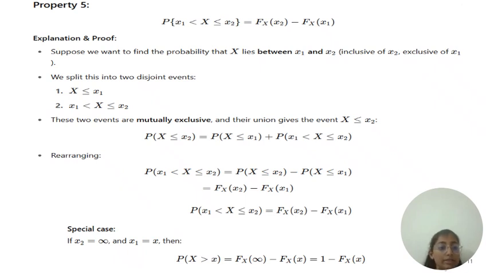In the special case, if x2 equals infinity and x1 equals x, then it is written as follows. P of X greater than x equals F_X of infinity minus F_X of x, which equals 1 minus F_X of x.